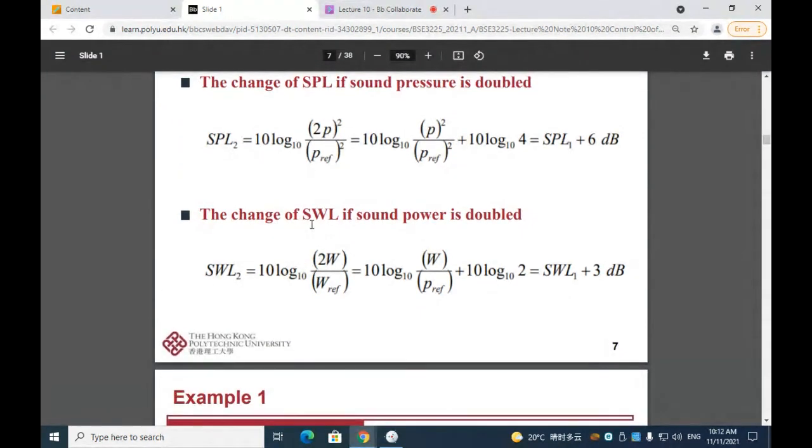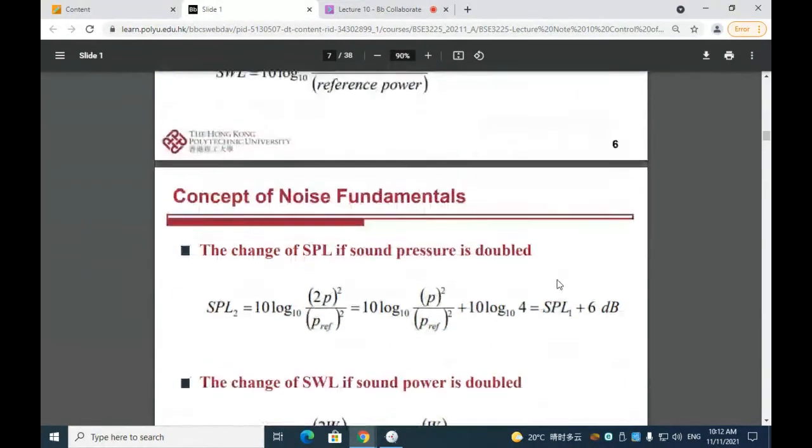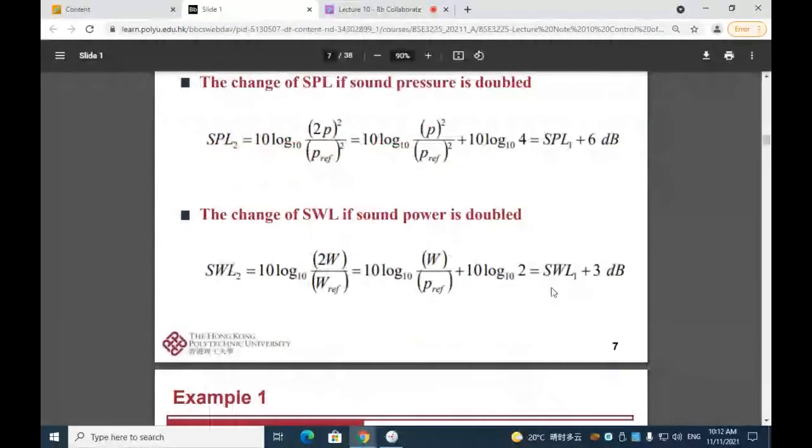And what we can do is use a similar calculation for sound power. Our original sound power is W, corresponding to sound power level 1.